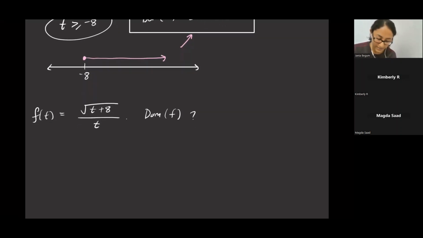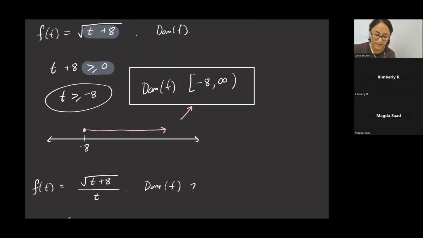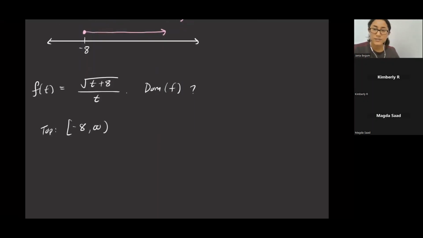You want to make sure the numerator is satisfied and the denominator is also not 0. For the top, we already know we have to look at everything from -8 to infinity, because we already did that previously. Now the denominator, when will the denominator be 0? It would be 0 when t is equal to 0.